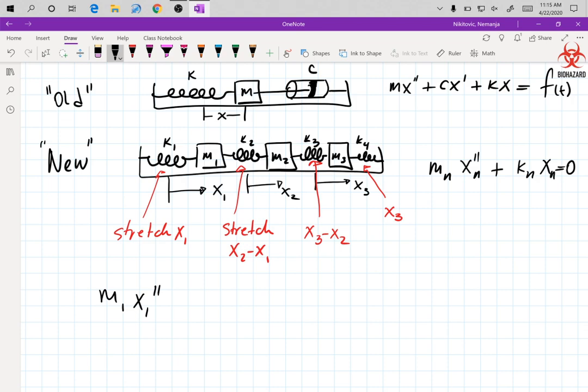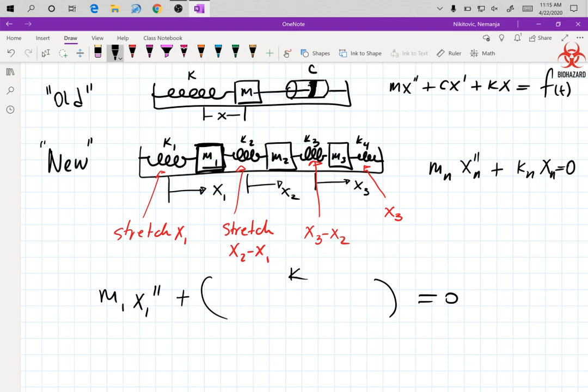We have to set this up for all three masses, and as you can see, all three masses have springs attached from both sides. So this one, plus the k terms, equals 0. We don't have a c term because we don't have the dashpot.